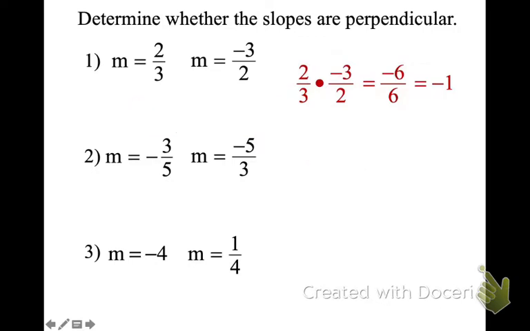I should tell you, they are perpendicular if when you multiply their slopes, they equal -1. If the product is -1, then it is a perpendicular slope. So let's look at the next one.